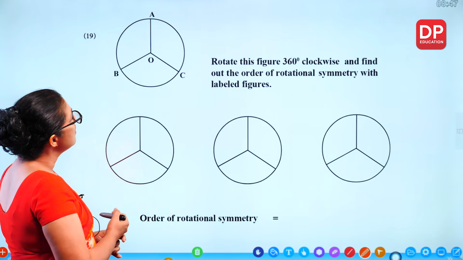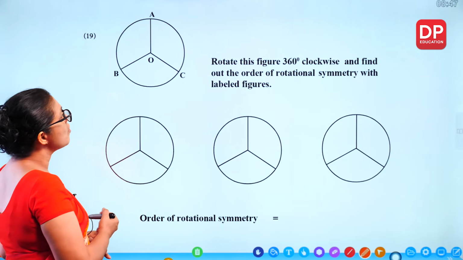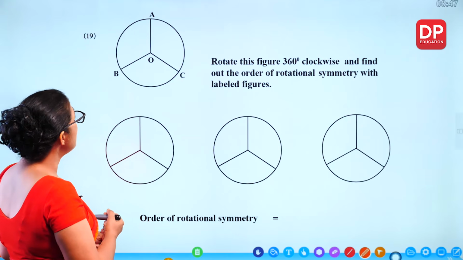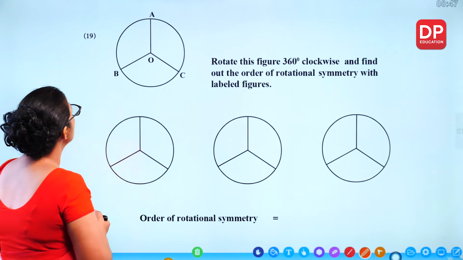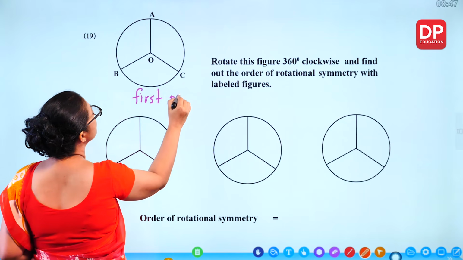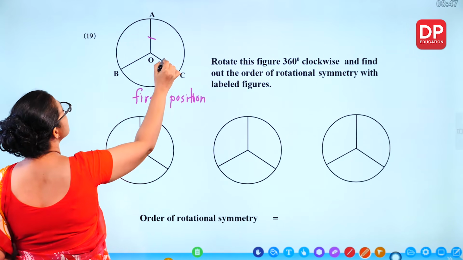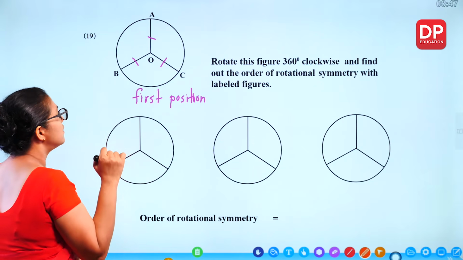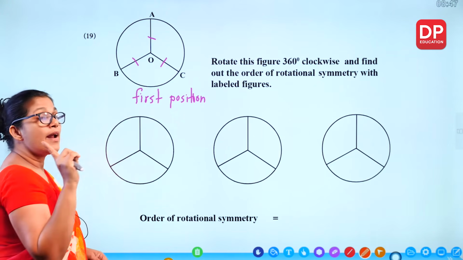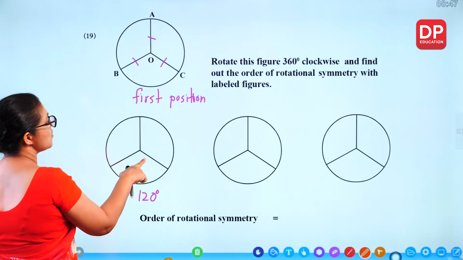Look at this one. Rotate this figure 360 degrees clockwise and find the order of rotational symmetry with labeled figures. Okay, so this is the first position. These 3 lengths are equal, so we can rotate 120 degrees to get this one.